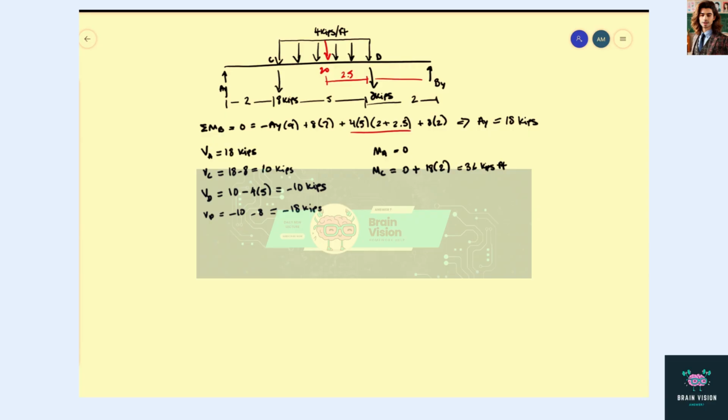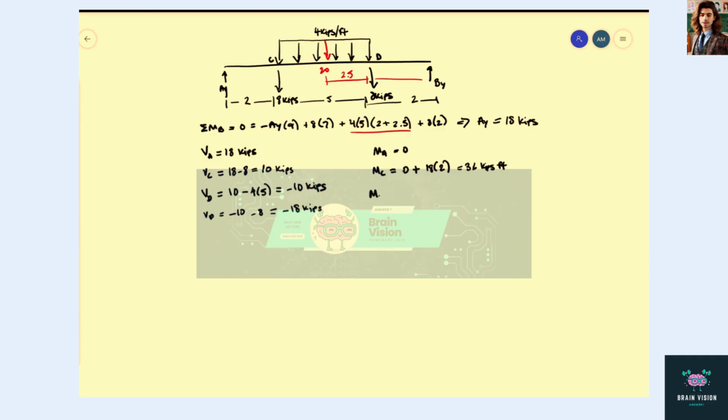And then from C to D, our bending moment is going to be a parabola because of the 4 kips per foot. And at the center our shear force is 0, and at point D, our shear force is -10, right, from what we calculated. And our bending moment will be max at that center.